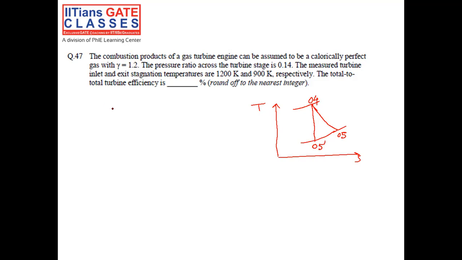Now the turbine efficiency, eta T, the total to total turbine efficiency, is written as TO4 minus TO5 divided by TO4 minus TO5 dash.